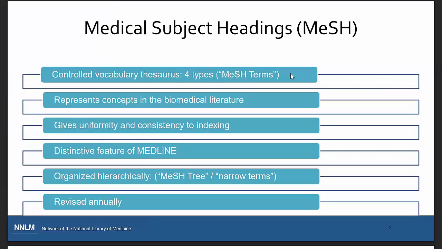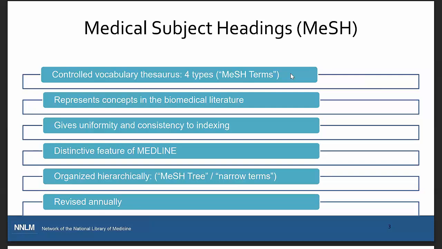So what are MeSH terms and why are they useful? MeSH stands for Medical Subject Headings, and it's the National Library of Medicine's controlled vocabulary that represents concepts in biomedical literature. And that is number 1 on your handout. MeSH is a controlled vocabulary.